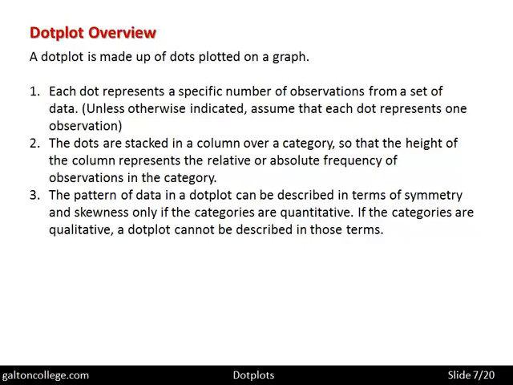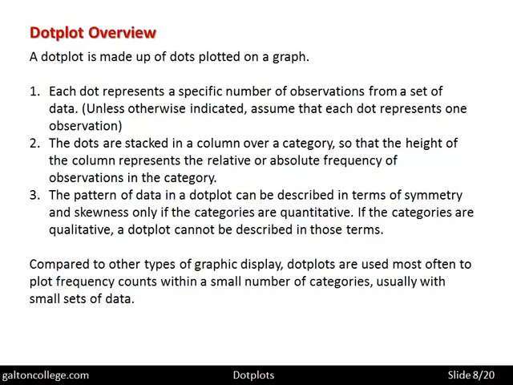So dot plots can be used just simply to represent a picture of what's happening in terms of, let's say, total house sales in an area in a given time period compared to a different area. But we can't do much analysis over and above that.